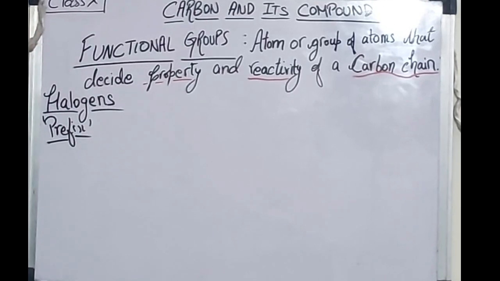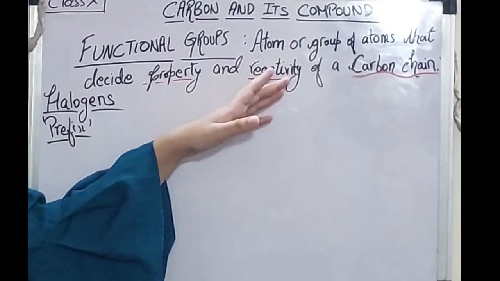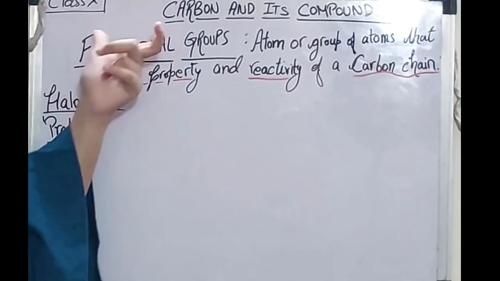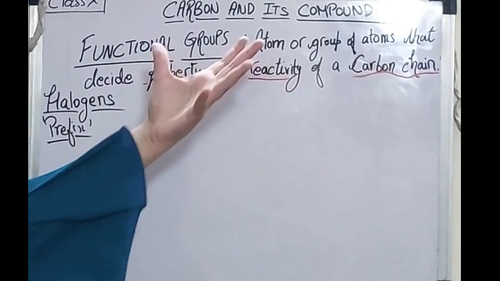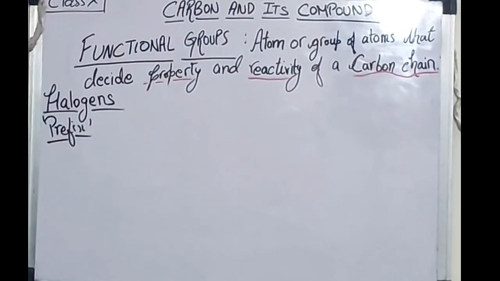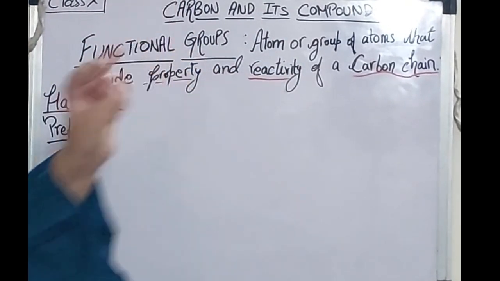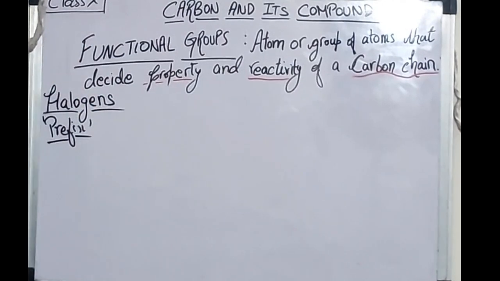In this chapter, in this topic, functional groups, we have a few types of atoms or groups of atoms, or you can say functional groups, जिसके बारे में हम पढ़ेंगे. We are not going to study all the functional groups, but some selective ones. From that, it is halogens, alcohols, aldehyde, ketone, and carboxylic acid. These 5 are the types of functional groups we are going to study.